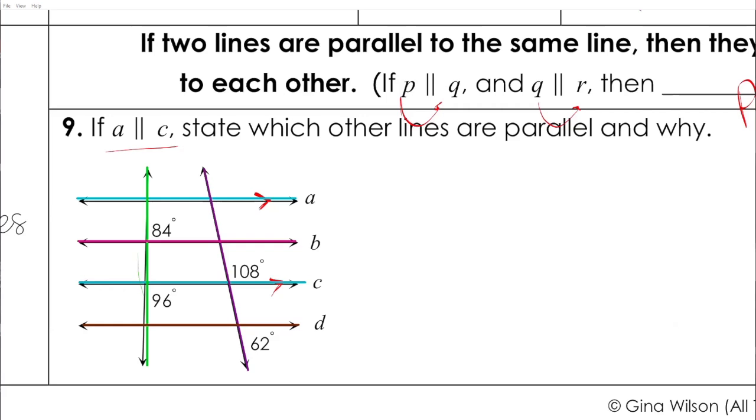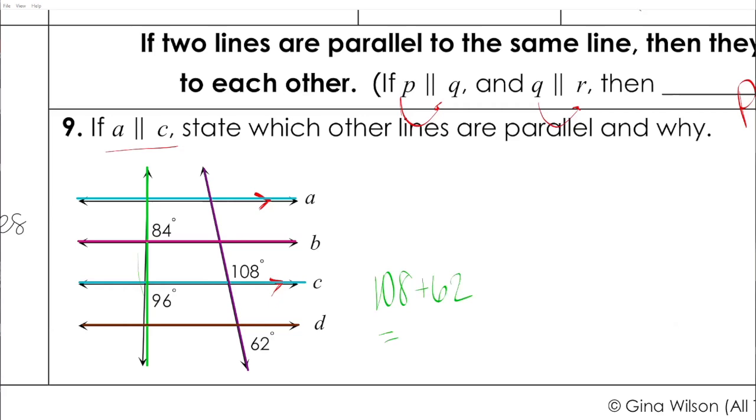Okay, so if we use transversal D, or this transversal here on the right, sorry, it doesn't have a letter, then these two lines, so 108 and 62 are same side exterior angles. In order for same side exterior angles to create parallel lines, those two angles must be supplementary.